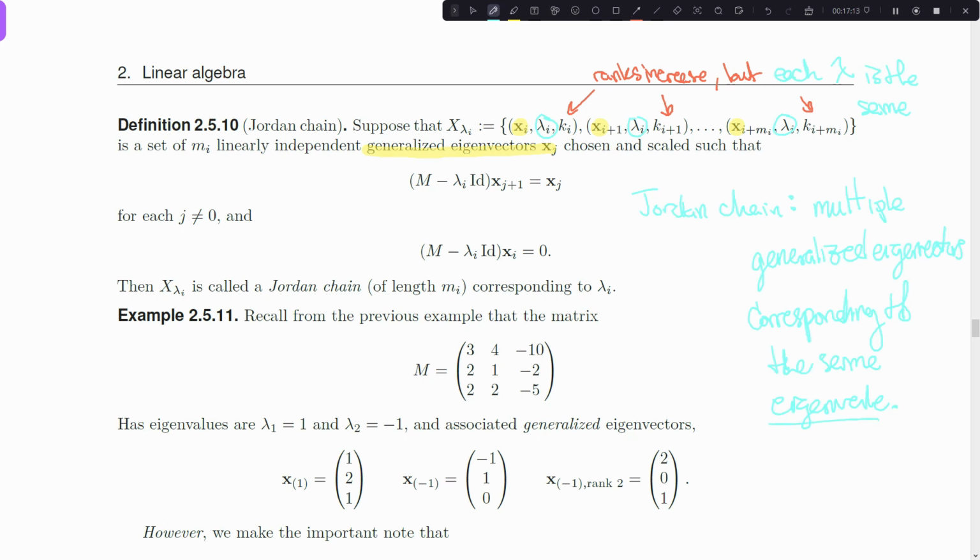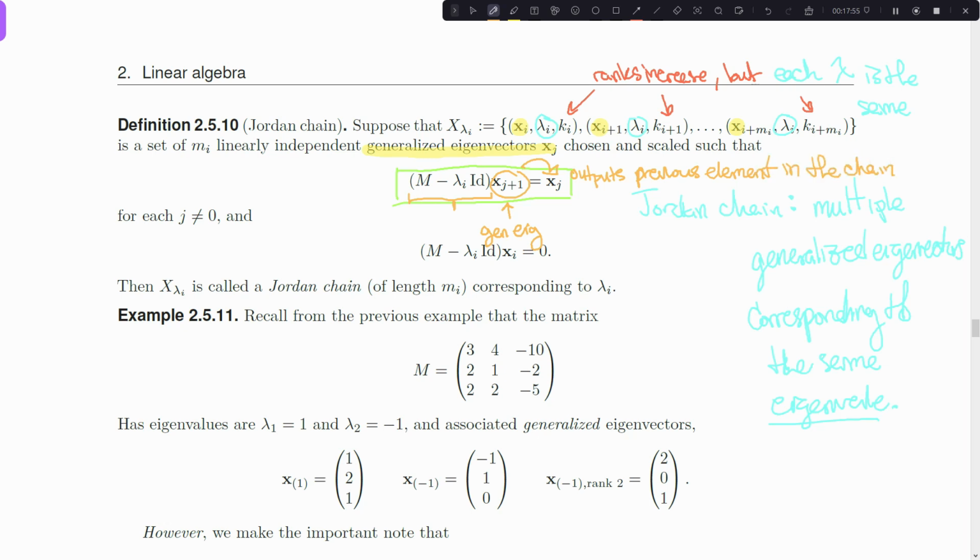in a chain. And in particular, this chain needs a very special property, and that property is that for every generalized eigenvector in the chain, if I act the matrix, the eigenvalue matrix, on that generalized eigenvector, it outputs previous elements in the chain.